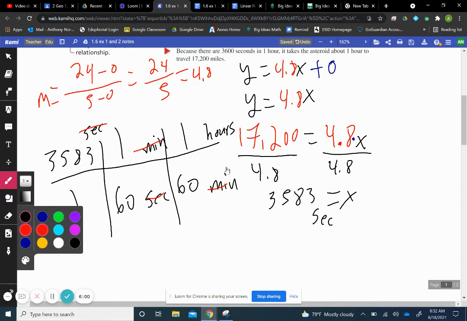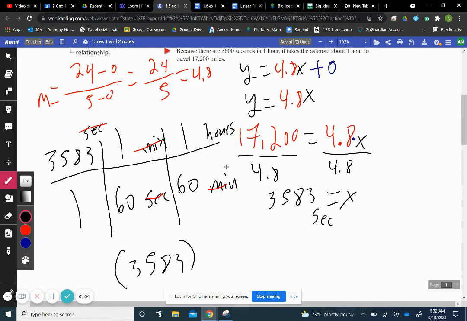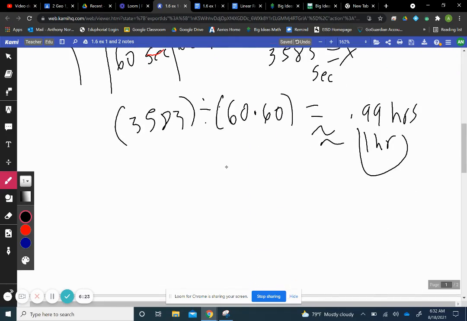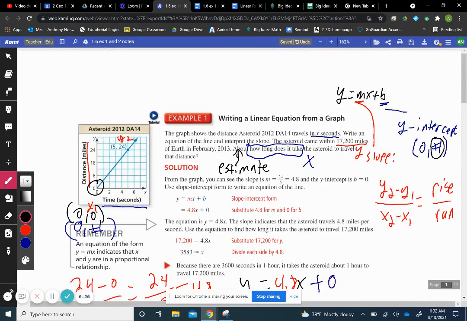The way you put this into your calculator is 3583 divided by 60 times 60, which equals 0.99 something hours. But we're looking for the estimate, and so that is basically 1 hour. So it takes the asteroid about an hour to travel 17,000 miles.